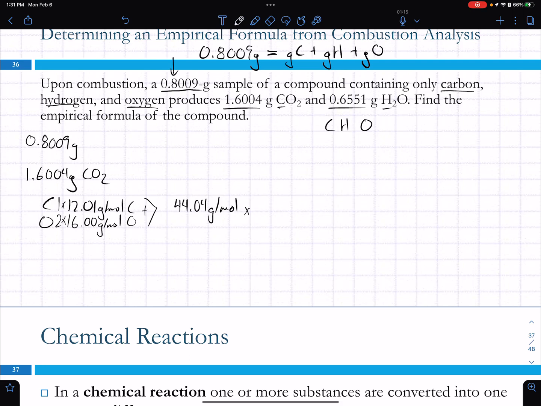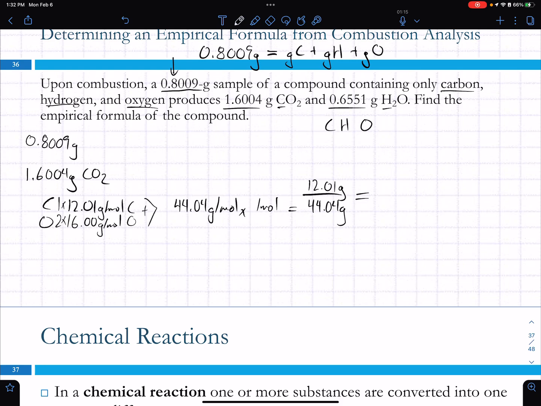And then what we do is we assume that we have 1 mole of this compound. So in 1 mole of that compound, it would just be 44.04 grams. And then if we had 1 mole of that compound, we would also have 1 mole of our carbon in there, which would be 12.01 grams.